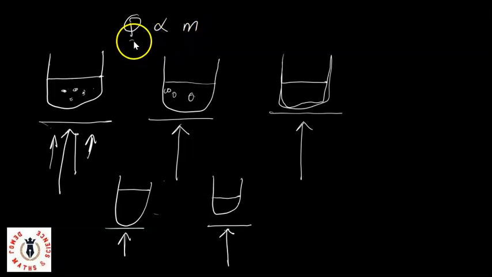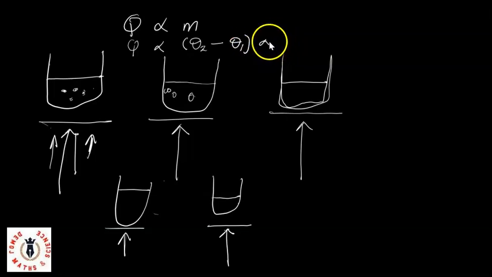Also, the quantity of heat required is proportional to the change in temperature. That is, I'll be raising the temperature from θ1 to θ2. So the quantity of heat required is proportional to the change in θ, θ2 minus θ1.